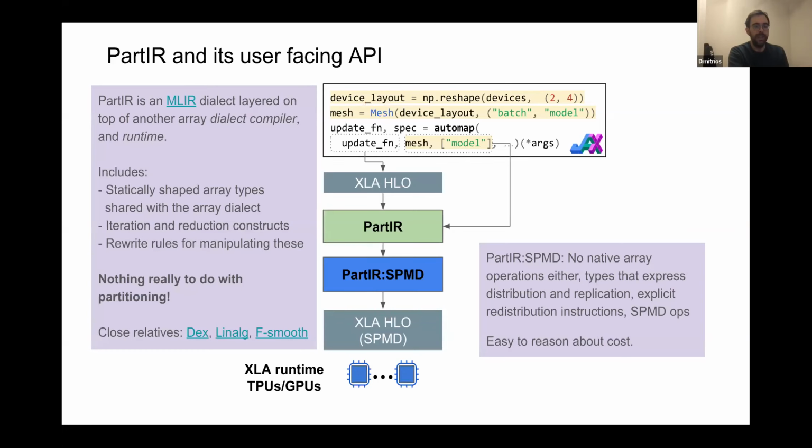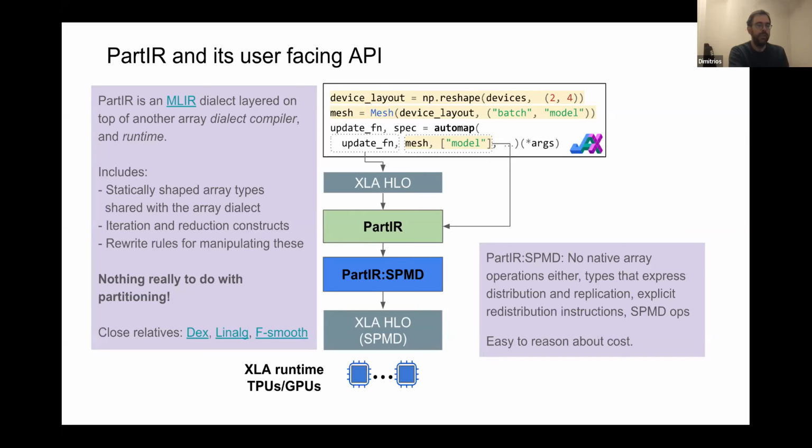So PartIR is another MLIR dialect, which is layered on top of a pre-existing array dialect and its compiler and its runtime. It includes statically shaped array types, which are shared with the underlying array dialect.